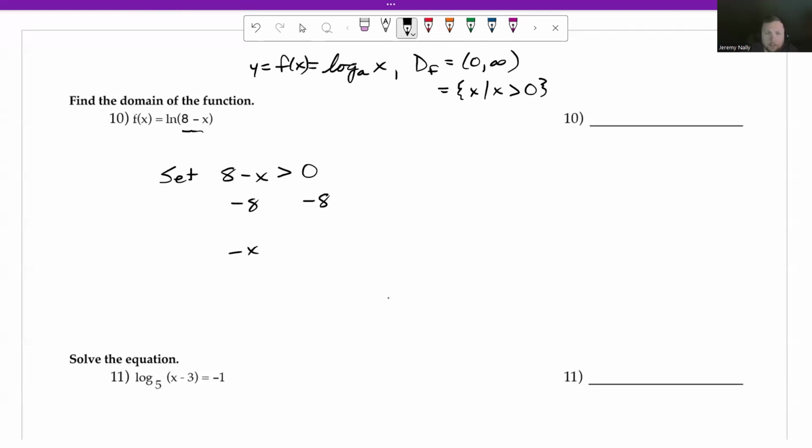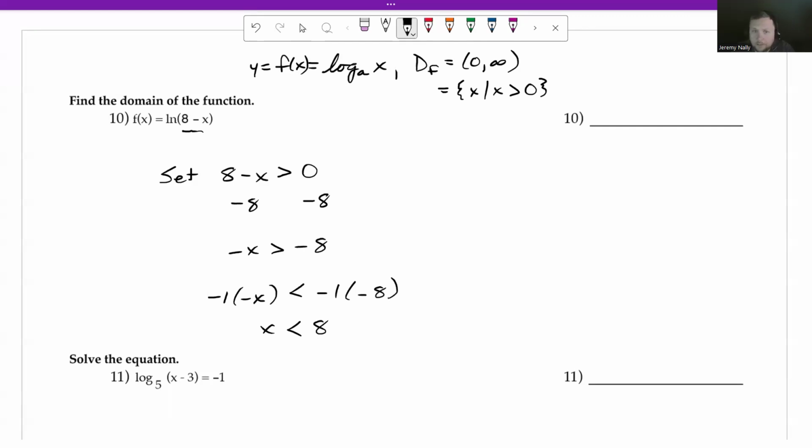So I have negative x is greater than negative 8. Then I want to cancel out the negative, so I'm going to multiply both sides by negative 1. Since I'm multiplying by a negative on both sides, I flip the direction of the inequality. So I have x is less than 8.